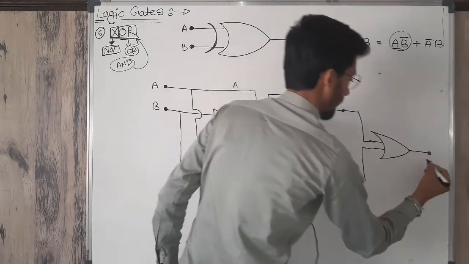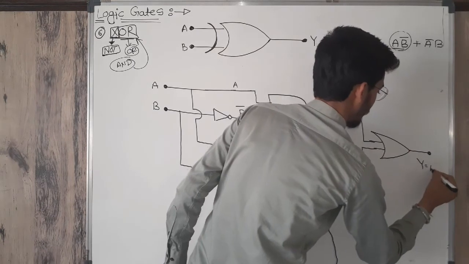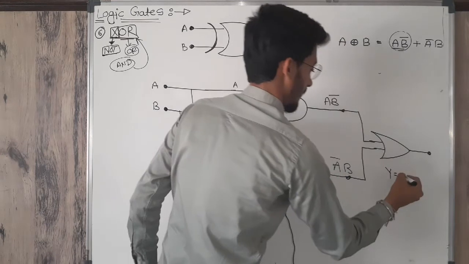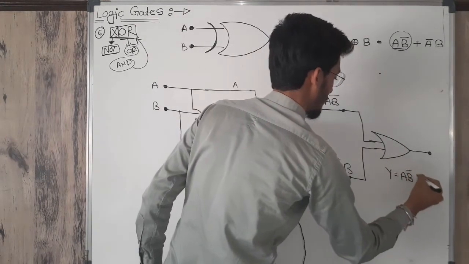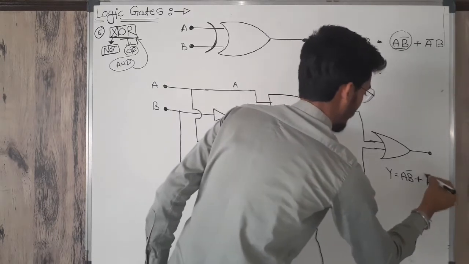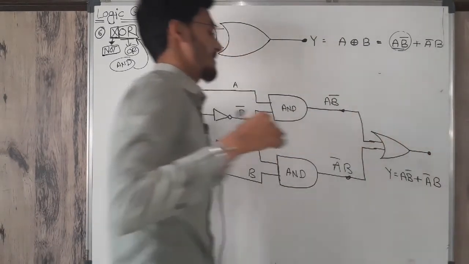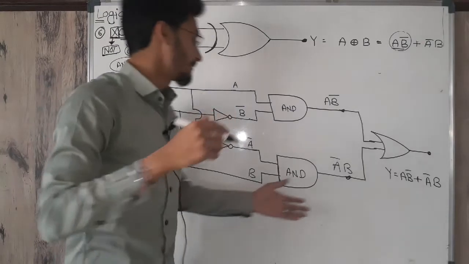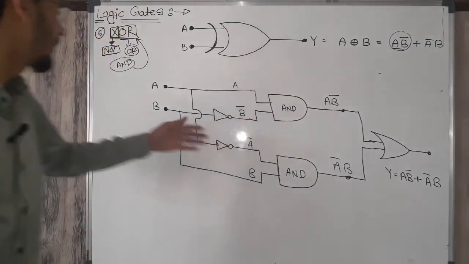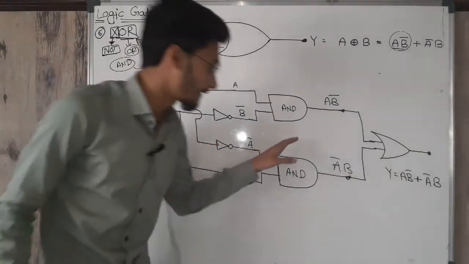The first input of the OR gate is AB bar, with an OR operation, and the second input is A bar B. So that is a circuit that is a representation of the exclusive OR gate.